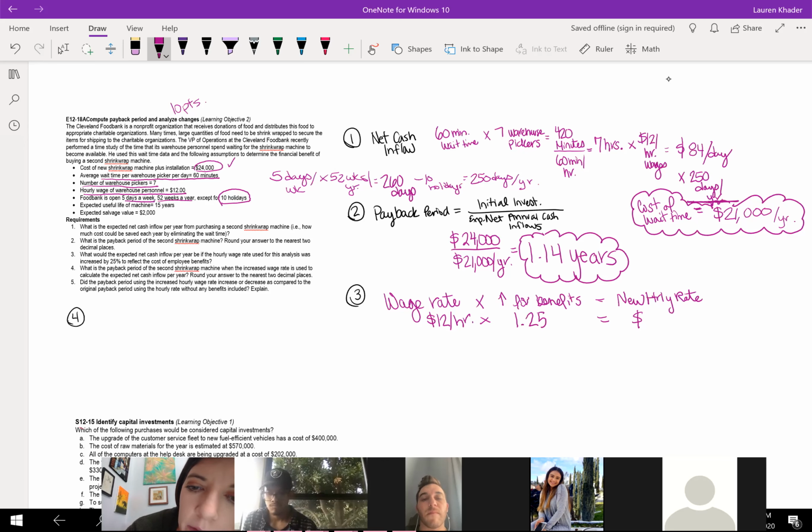So 100% of the current rate, which is $12, and then the $3 increase. So the new hourly rate would be $15 per hour. Amount spent on wait time per year again.